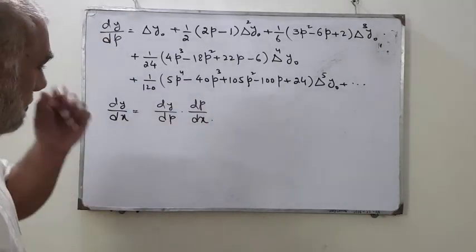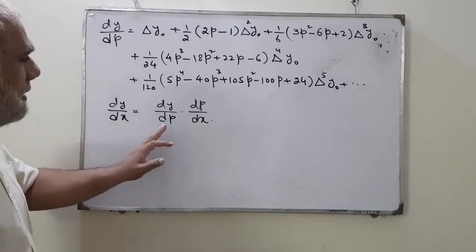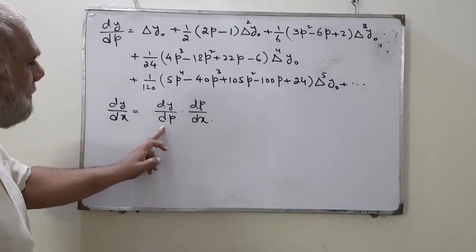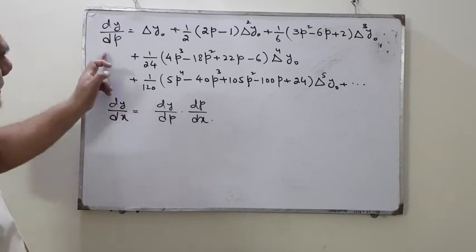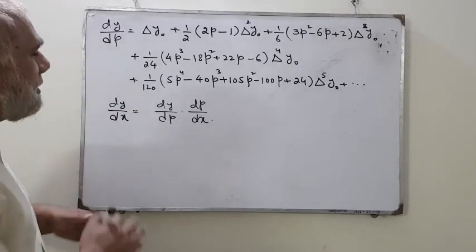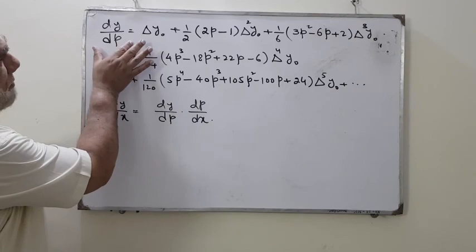I'm sorry, I had written it incorrectly at first. This is the chain rule we are using here. And here you can see the term containing dy over dp. This can come from here directly. We can substitute the value of dy over dp from this polynomial.